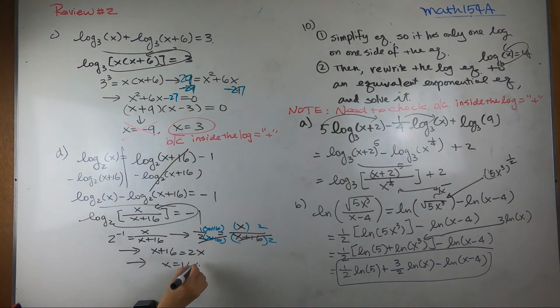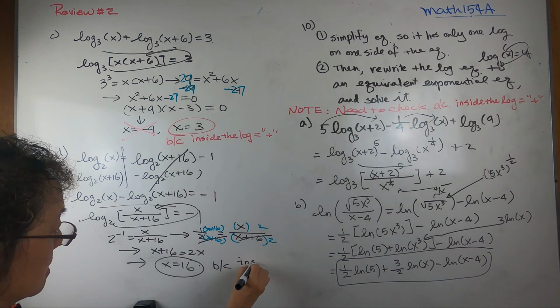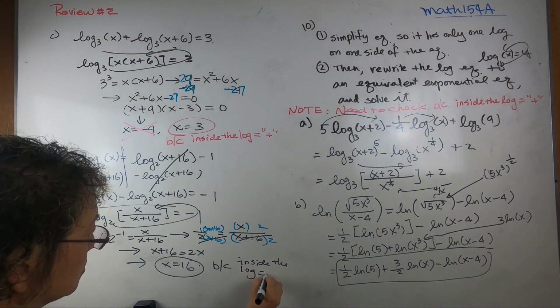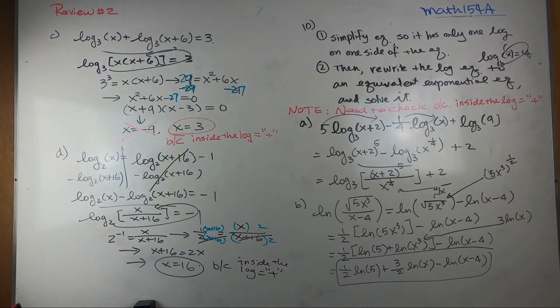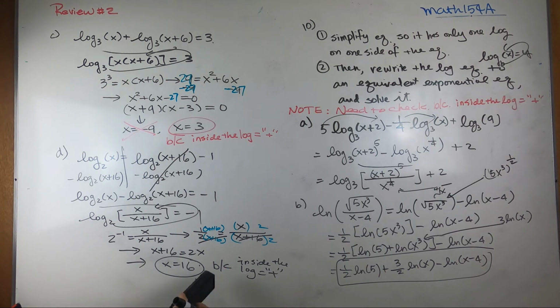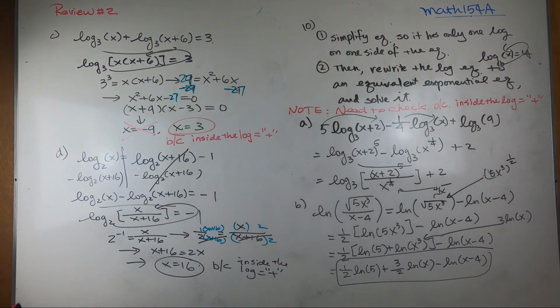Okay, can I circle the answer? You need to check. Yes. Why? Because inside the log is what? Positive. So you can circle the answer. You need to show the reason. You cannot just circle, then give it to me, and not tell me why you can circle that. That means you didn't check. All right? So what do you think?